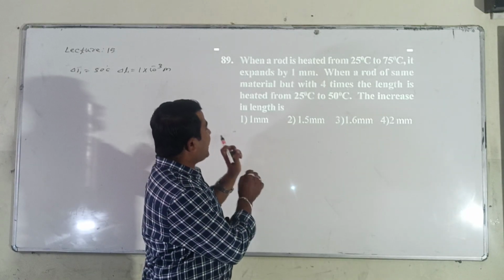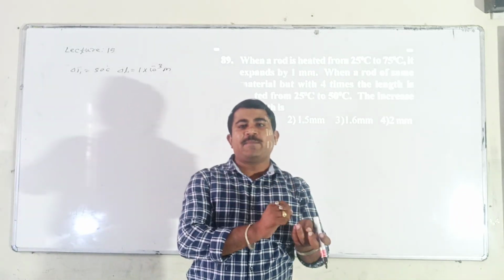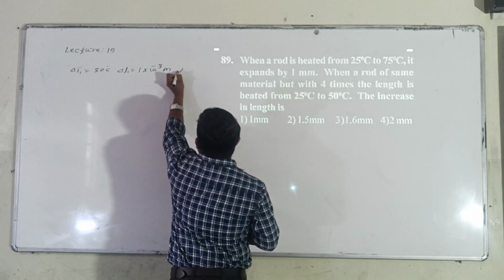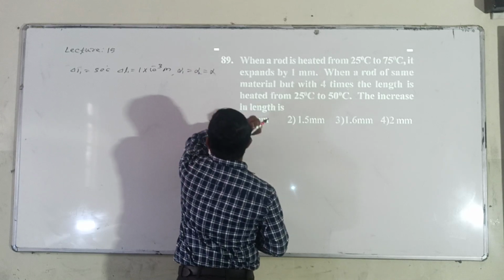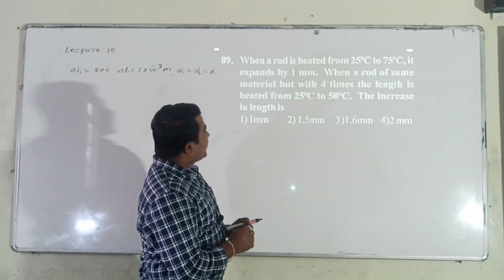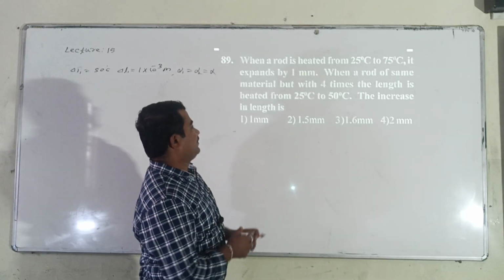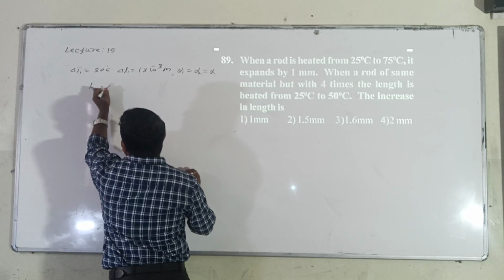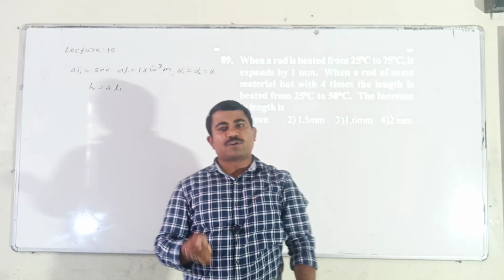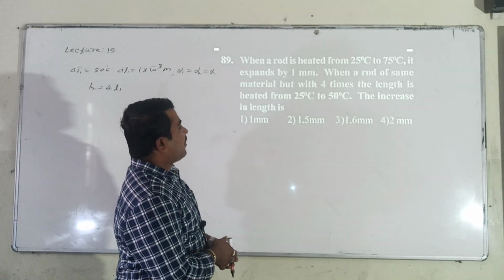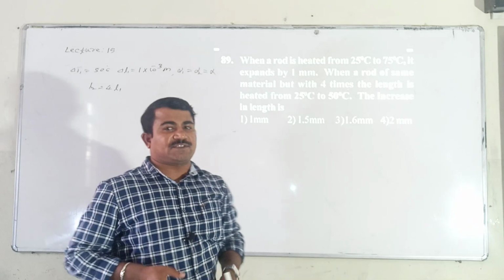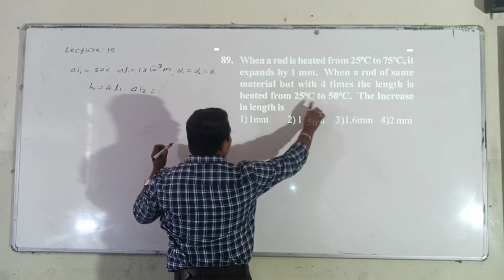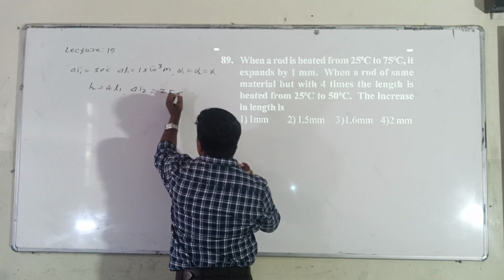When a rod of the same material, meaning the alpha value must be the same, so alpha 1 equals alpha 2 equals alpha, but 4 times the length, so L2 is equal to 4 L1, is heated from 25 to 50 degrees Celsius, delta T2 is 50 minus 25, which is 25 degrees Celsius.